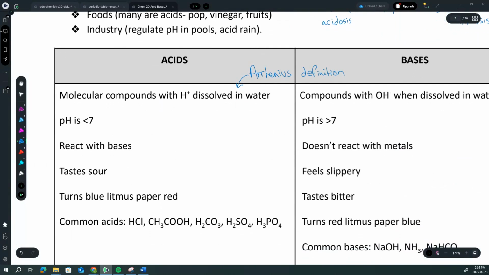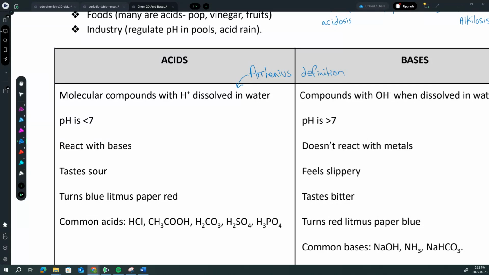Okay, and as we said earlier, for acids, your pH is going to be less than 7. Acids are going to react with bases. They taste sour, although you shouldn't be tasting anything in the lab. But if you're thinking about sour candy, it tastes quite sour because of an acid that's in the candy.